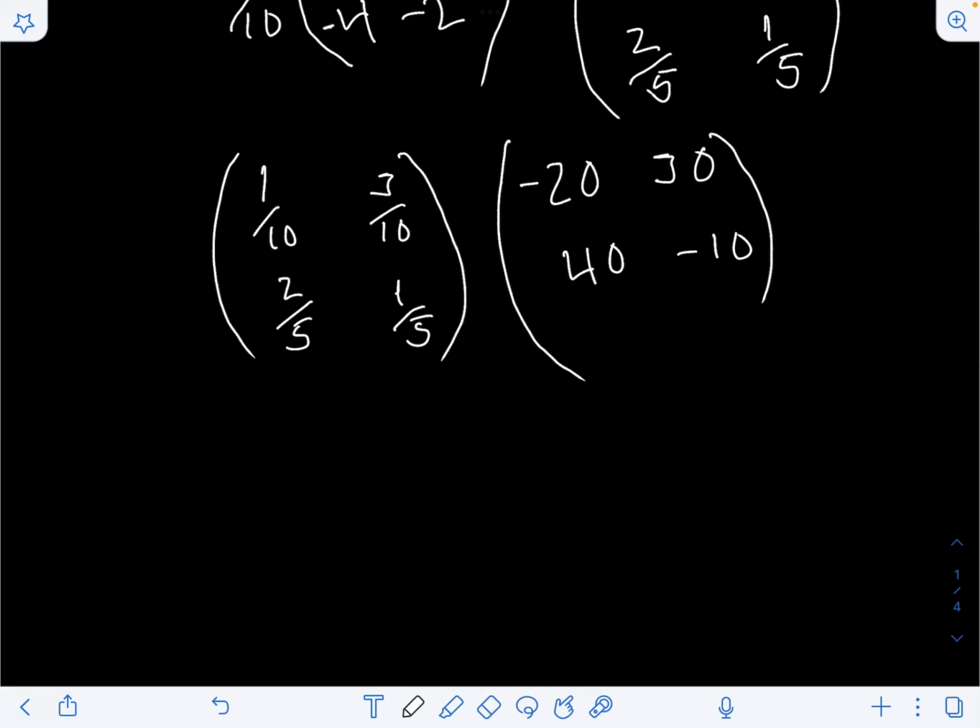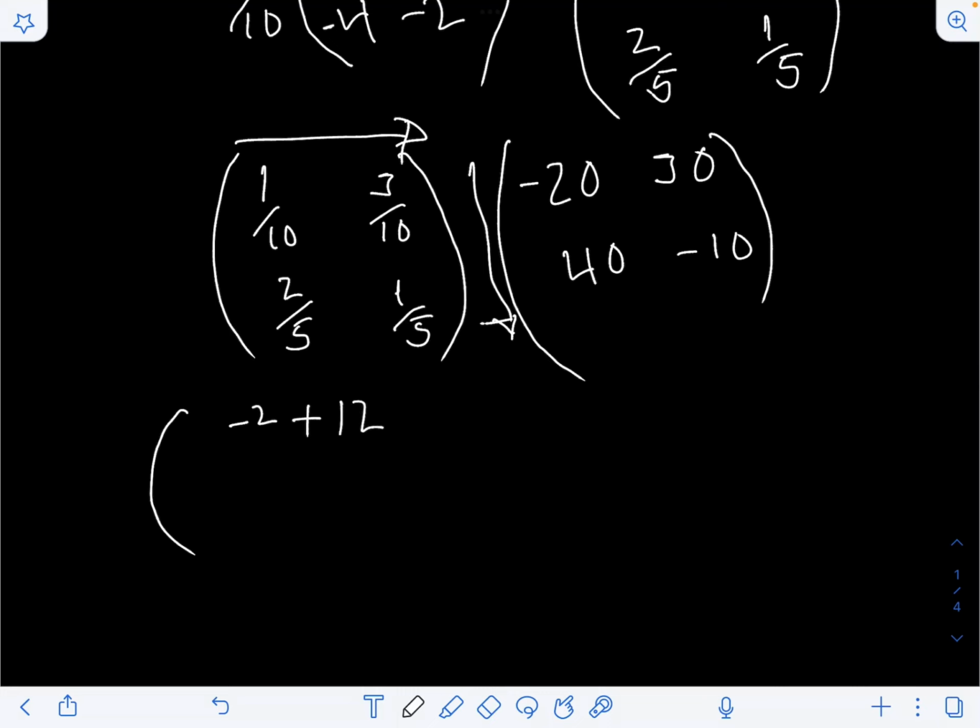To multiply this one, you have to use the row times the column. Our row is 1/10 times the first column, which is -20, so we will have -2, because -1/10 times -20 will be -2, plus -3/10 times 40, which gives us positive 12.